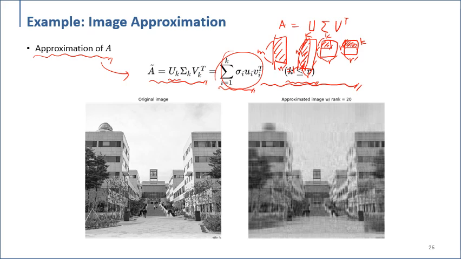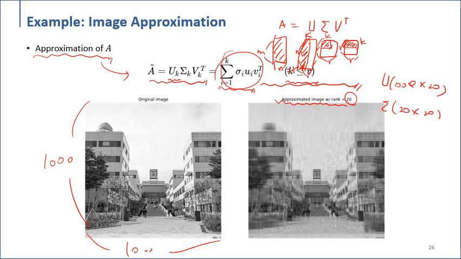Let's compress these images like this. Say an image is 1000 by 1000. By approximating the image with rank only 20, our U matrix will have the size of 1000 times 20, sigma will be 20 times 20, and V transpose will be 20 by 1000.